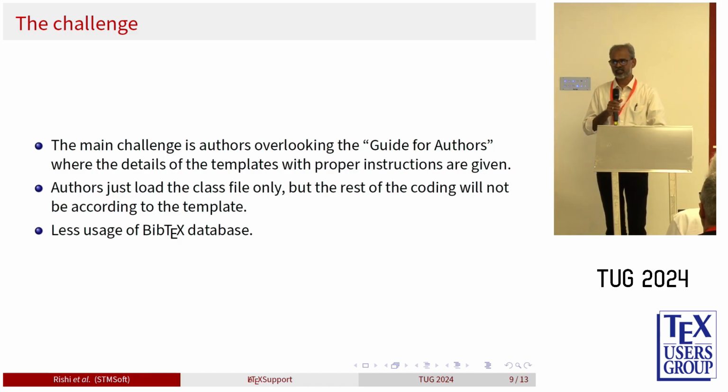Since we need to create the XML, all the elements in the bibliography need to be separately tagged, like authors, article title, book title, volume, journal title, publisher location, series title, conference name, etc. If authors use the BibTeX database, we can automate the process and make the proof error-free in a very speedy manner. But still authors are reluctant to use the BibTeX database.